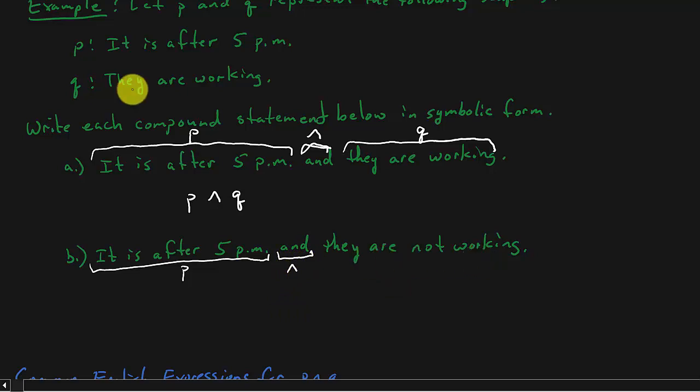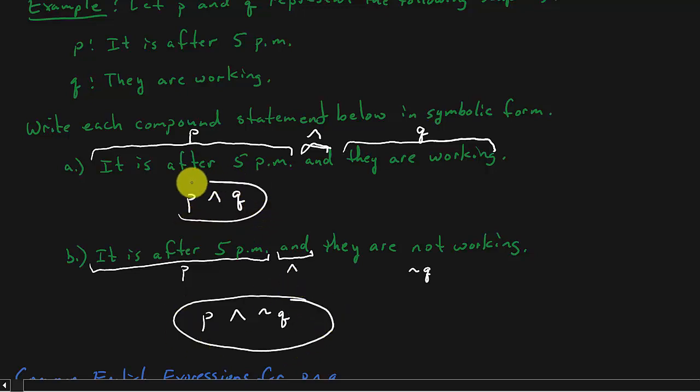Well, Q is they are working, so this is they are not working, so this is not Q. If you remember from the previous video, the symbol for not is that little tilde symbol. So in symbolic form, this would be P and not Q. Okay, so there's the answer for B, and there's the answer for A.